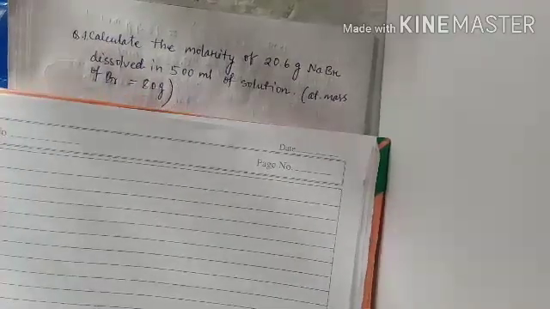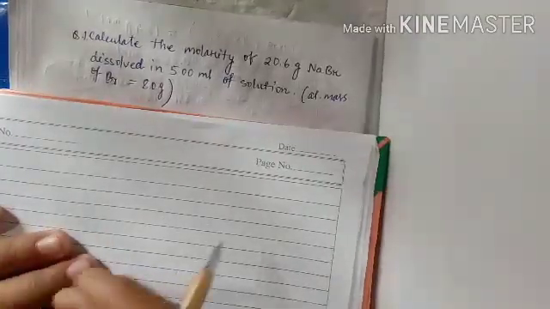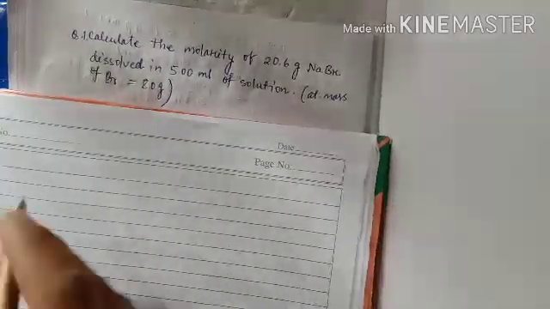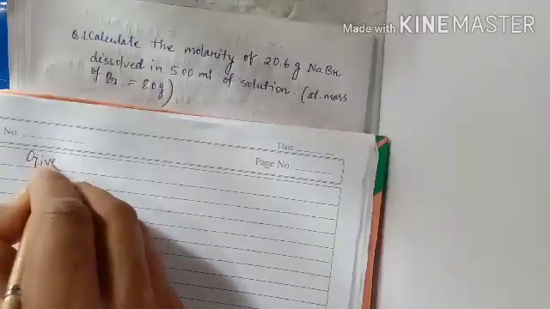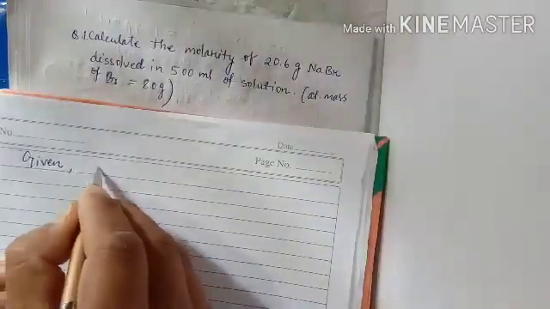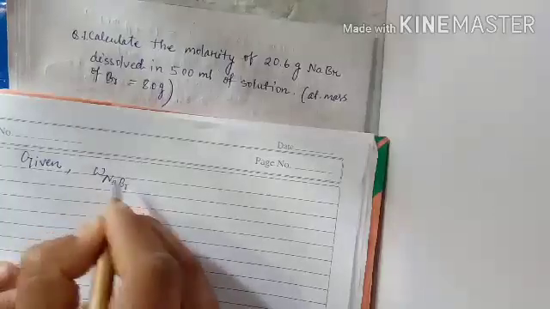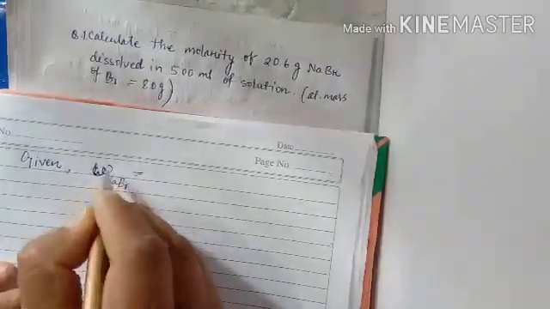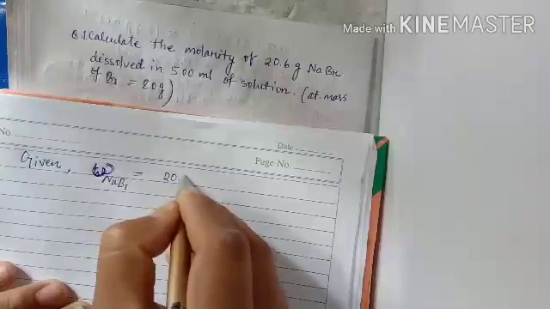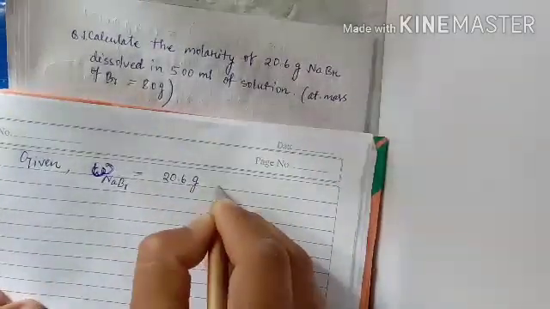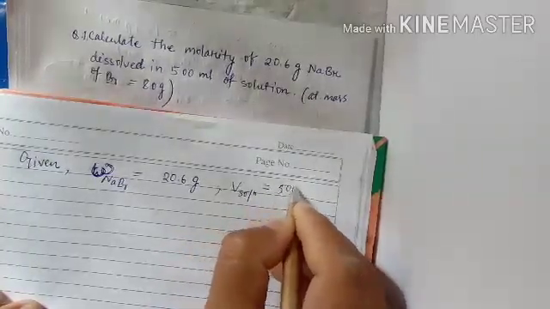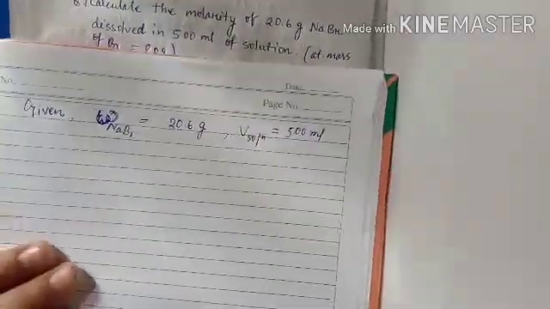Here the atomic mass of bromine is given as 80 gram, and sodium, we already know, is 23. Given: W of NaBr, that means weight of the sodium bromide, is 20.6 gram. The volume of solution is given as 500 ml. So we have to find the molarity.